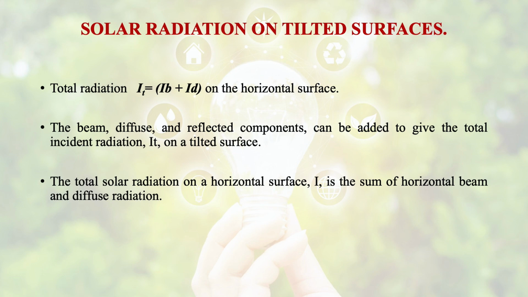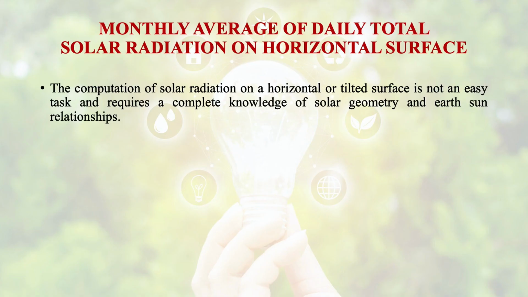So the total solar radiation on a horizontal surface, I, is the sum of horizontal beam and diffuse radiation. If we talk about the monthly average of daily total solar radiation on a horizontal surface, how will we compute it? Generally, the computation of solar radiation either on a horizontal or tilted surface is not an easy task.